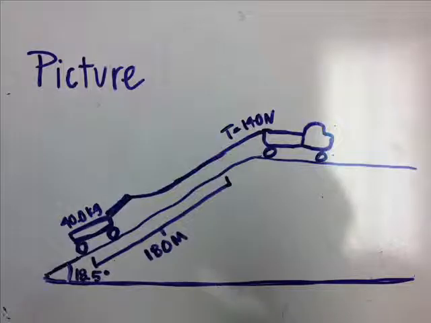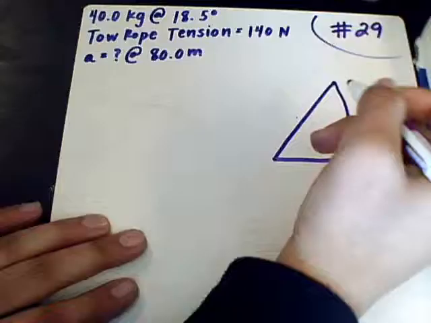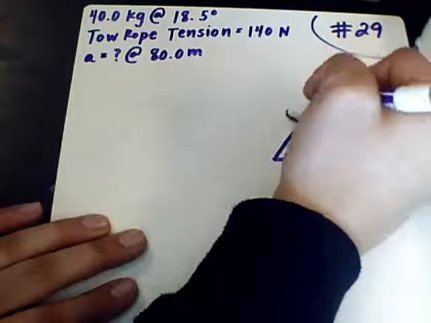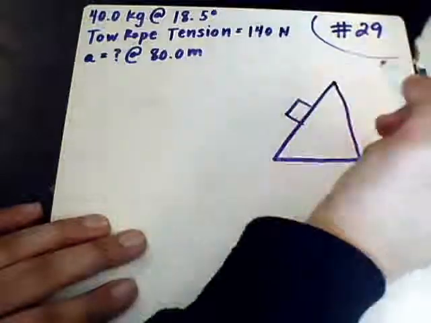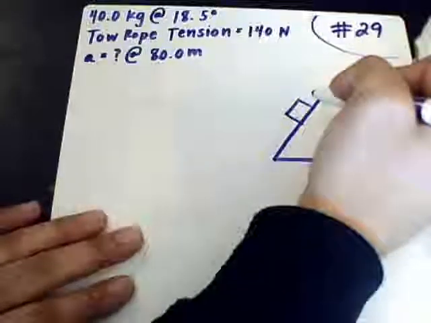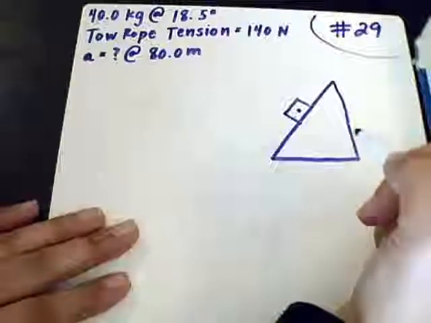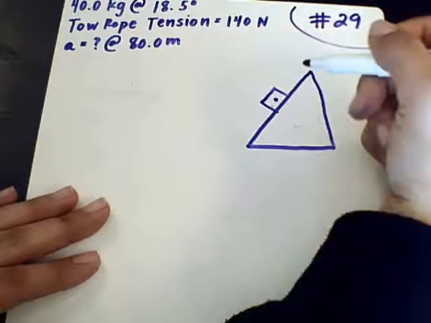How fast is the wagon going after moving 80 meters up the hill? We're going to start with a free body diagram, as you can see.